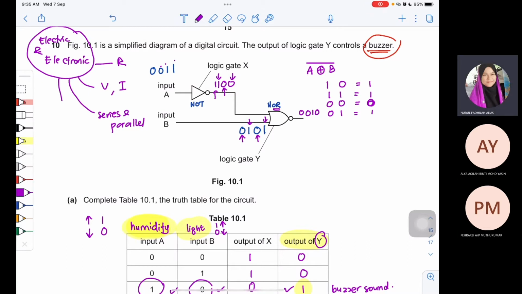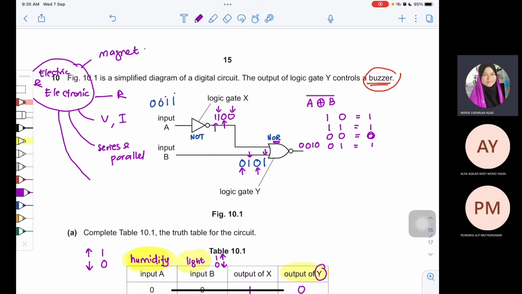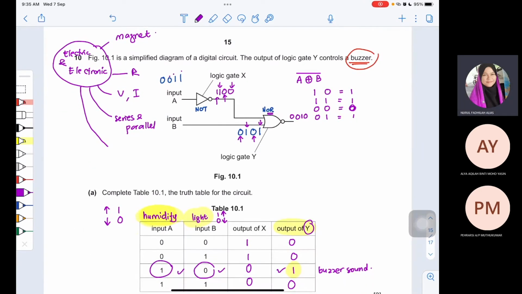Okay, and kita ada transformer. Magnet. Kita tahu tentang magnet sikit. Dan macam mana magnet to produce current. Alright, and then ada gate.